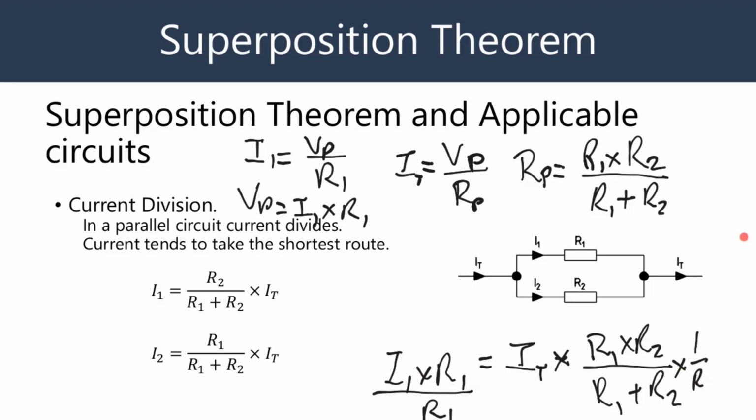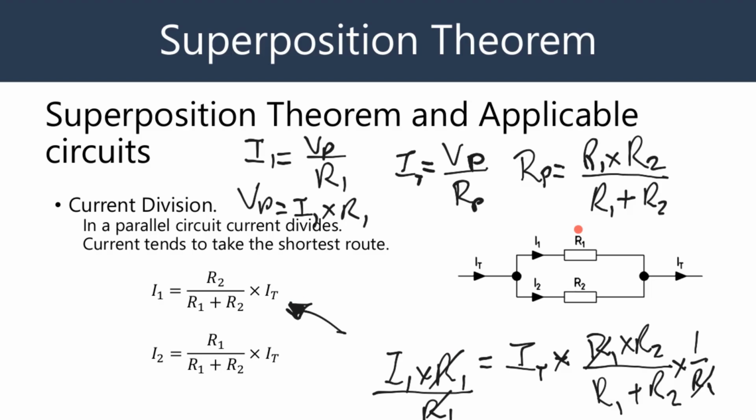And the R1s cancel. So I1 is equal to I total times R2 over R1 plus R2. That's where we get the formula from. So you guys can see it is through Ohm's law. I'm utilizing Ohm's law with the superposition theorem.